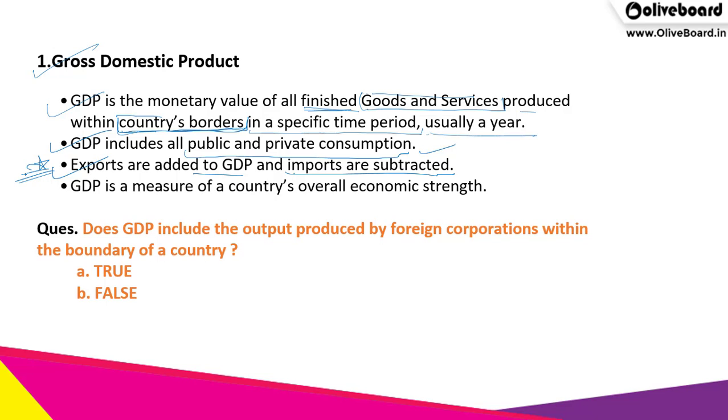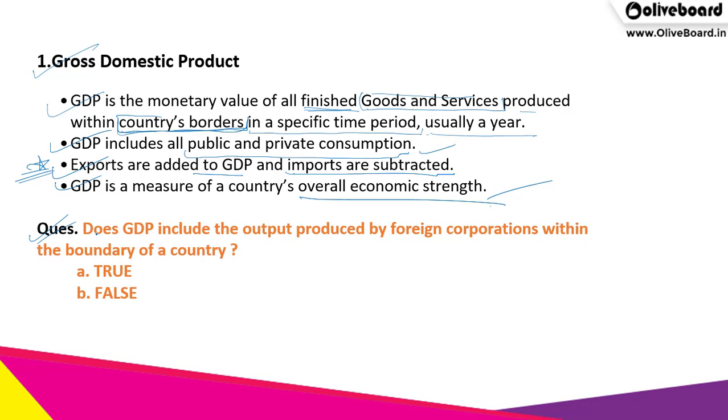But if we are importing something from another country, suppose oil we are importing from, let's say, UAE or Saudi Arabia or Iran, that we have to subtract, obviously, because we are not producing it within the boundaries of our country. GDP is a measure of country's overall economic strength. So we follow GDP as a measure of overall economic strength of our country.